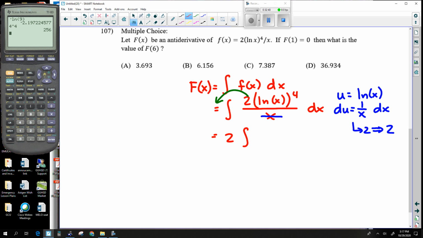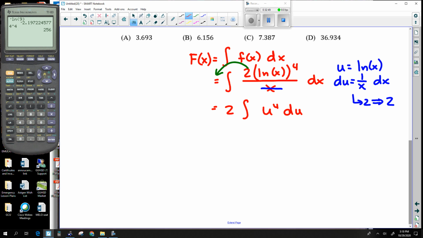So this is 2 integral u to the 4th. Okay. So we have a base formula now.